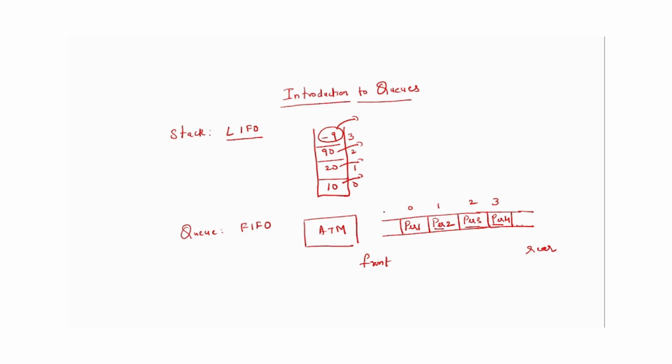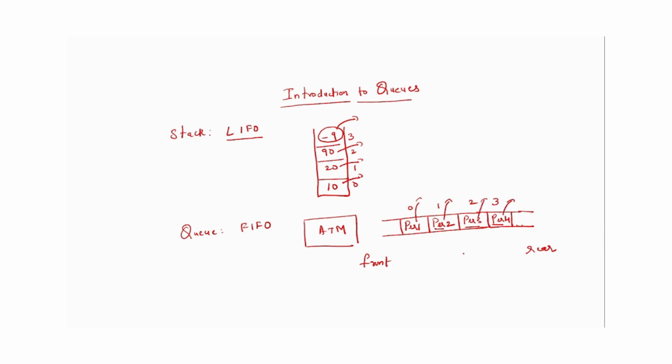Now if person 1 has completed withdrawing his money, he goes out. So the first person that goes out of the queue is not person 4 but person 1. Right? So here person 1 first goes out, then person 2 goes out, then person 3 goes out, and then person 4 goes out.